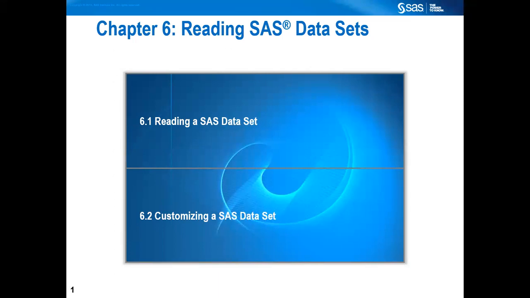But now if we have to create our own data as per the business requirement, how can we create the datasets? Because we are very much familiar that procs are steps just to process the datasets and not to create a dataset.